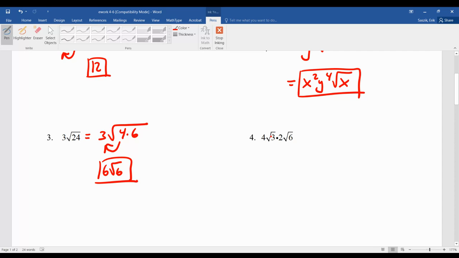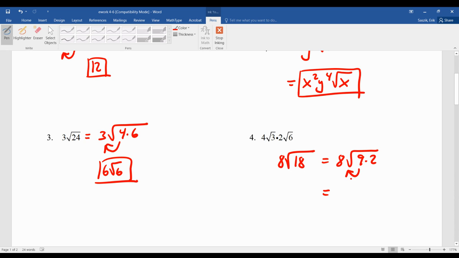Here we're multiplying, so you multiply the plain numbers in the front. So 4 times 2 is 8. Root 3 times root 6 is root 18. Now we're not done with this one because you can break the 18 up into 9 times 2.